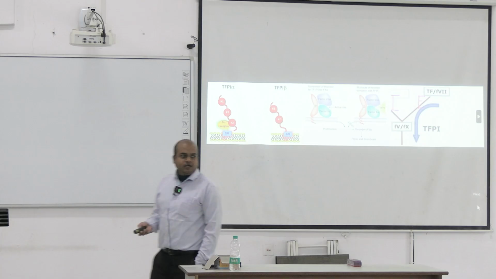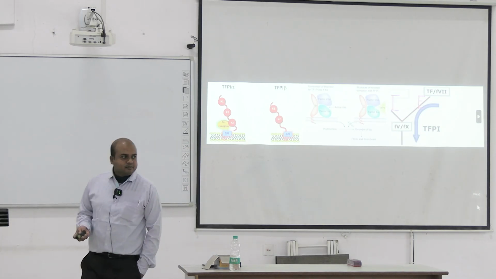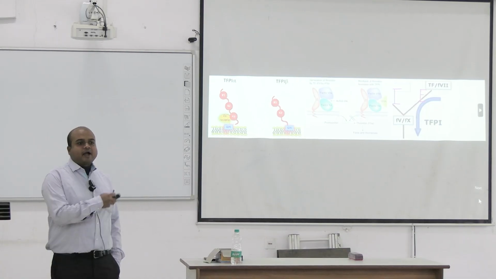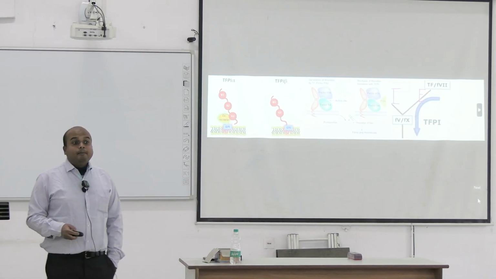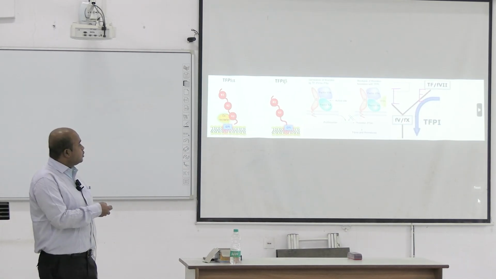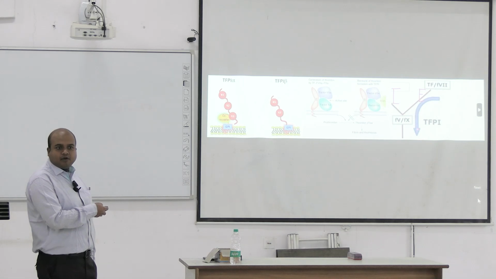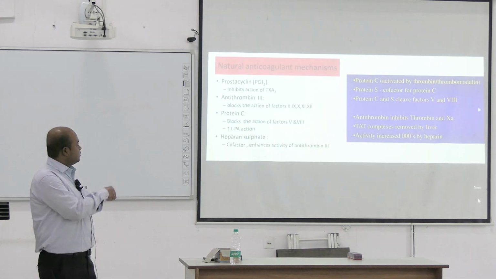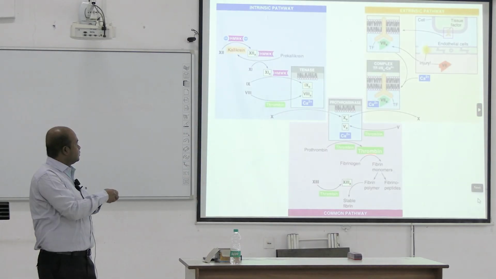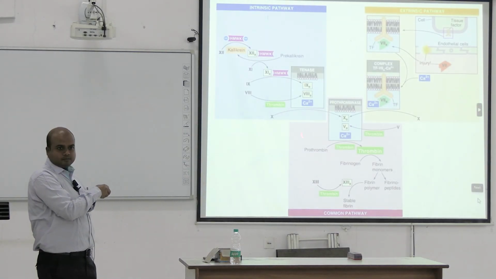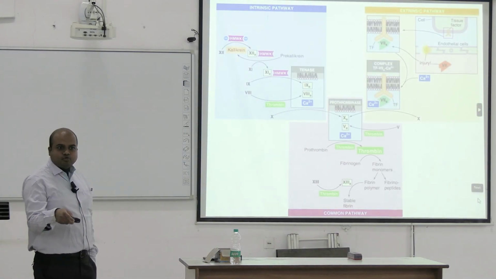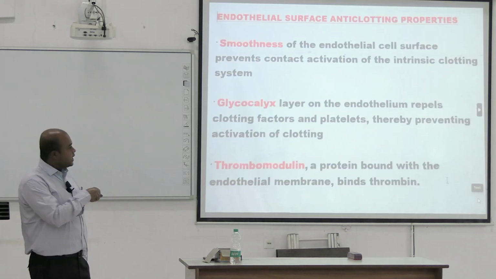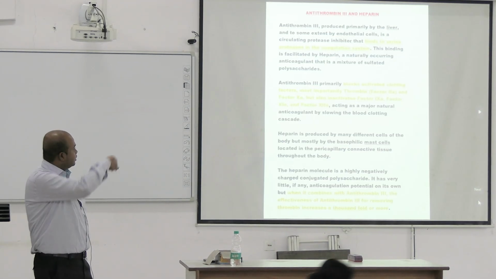Tissue factor pathway inhibitor inhibits not only the factor 10, factor 7 complex, but its alpha form can also inhibit the factor 5, factor 10 complex. So the name is tissue factor pathway inhibitor, but later it was found the alpha form can inhibit that one as well, not the beta form.